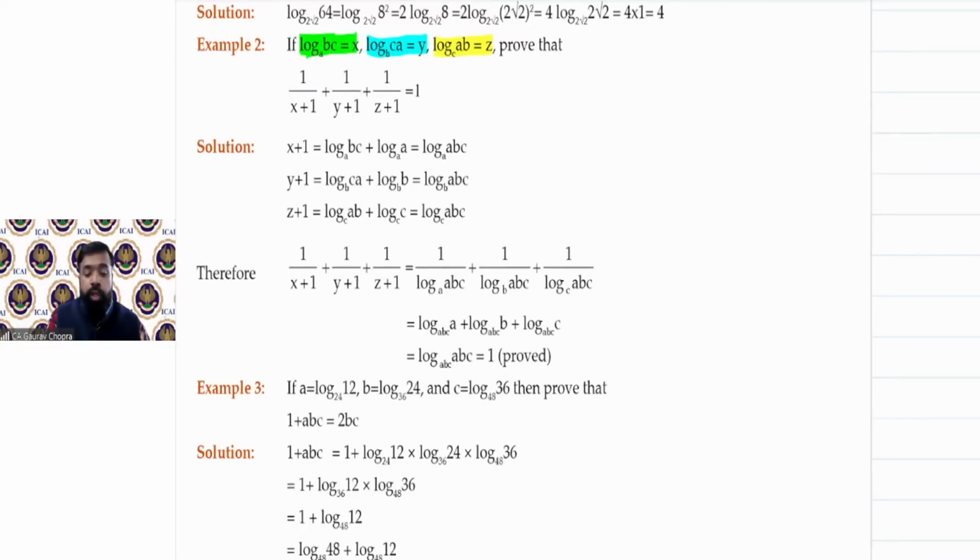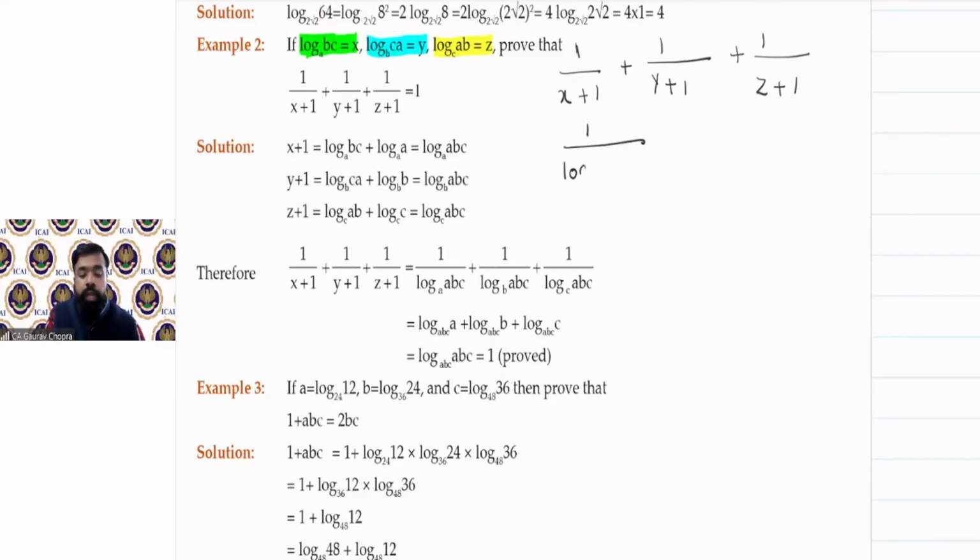What we have to prove is 1 by 1 plus x, or you can say x plus 1, plus 1 upon y plus 1 and 1 upon z plus 1. We have to find the value of this. Now, this value of x can be substituted here.